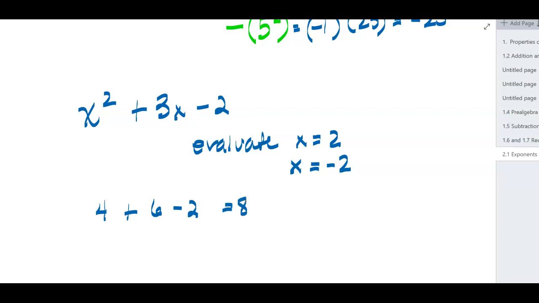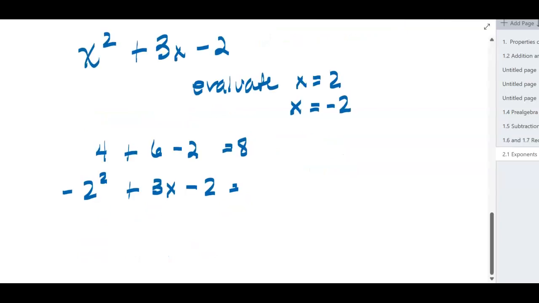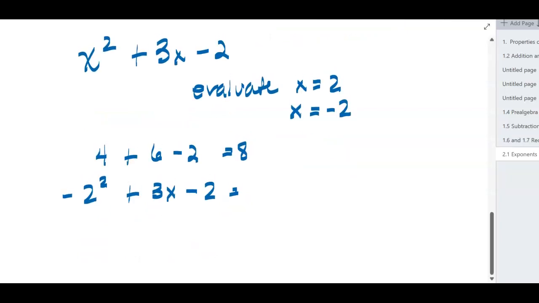If x is negative 2, I'm going to expand it out for you. Negative 2 squared plus 3x minus 2 is equal. Okay, now I didn't write that the way I should have.